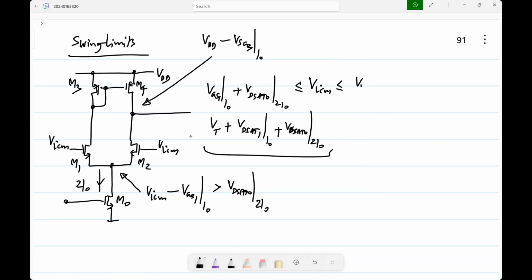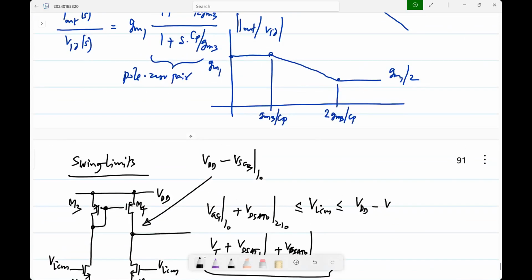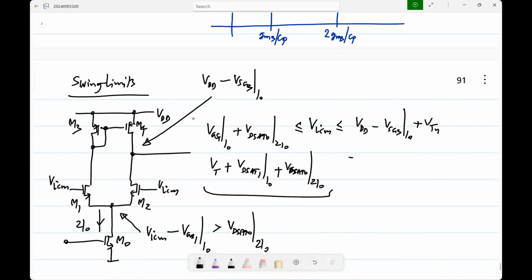So the maximum is VDD minus VTP minus VD sat 3 at a current I0, plus VTN. I'll use VD sat for both NMOS and PMOS.